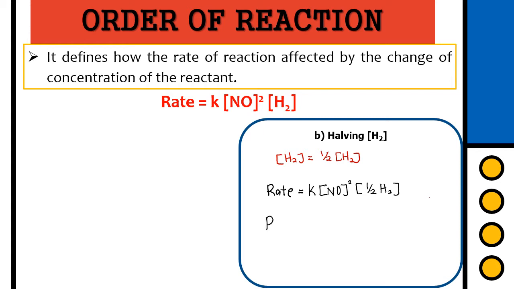The next step is we rearrange the equation. What we will do is take out the half here and put it in front. We will group it with the K. So now it will be half K, concentration of NO to the power of 2, and concentration of H2.